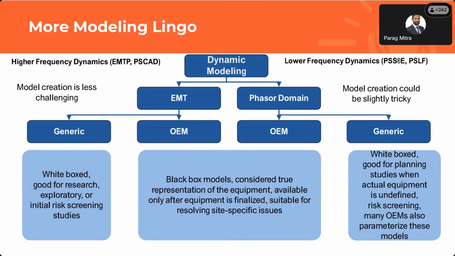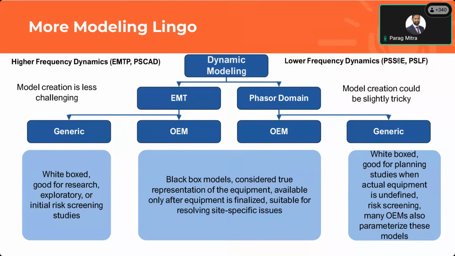Now, again, this is a distinction that needs to be understood in the context of modeling, and this again has been discussed quite a bit between folks who are intimately involved in these discussions around modeling. So both EMT and phasor domain, you can have OEM-specific models or generic models. Now, for phasor domain, the generic models, we all know that these are available as library models in most of our simulators. These are white box models.